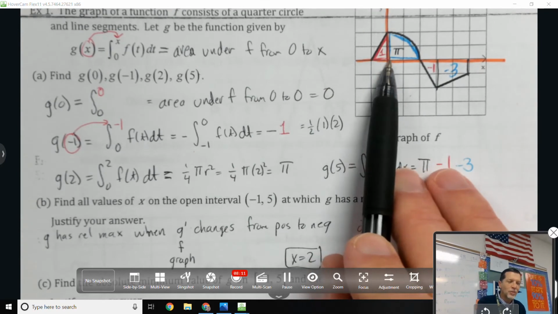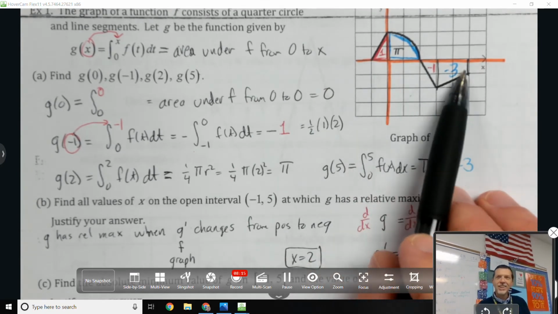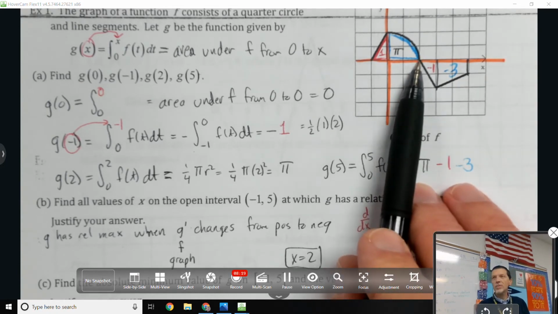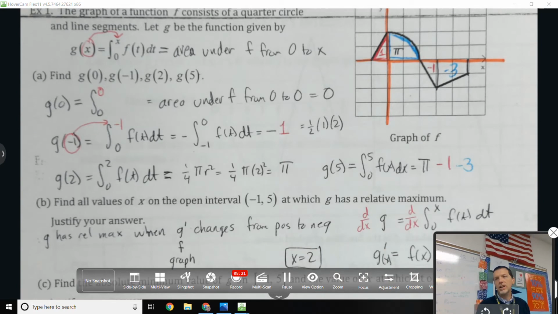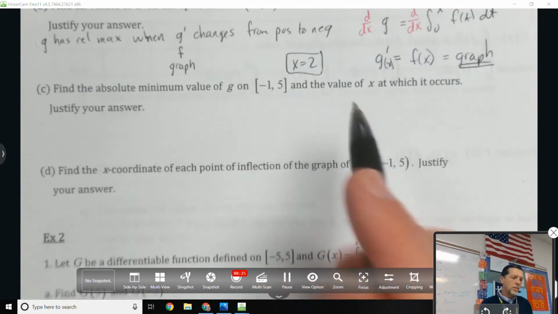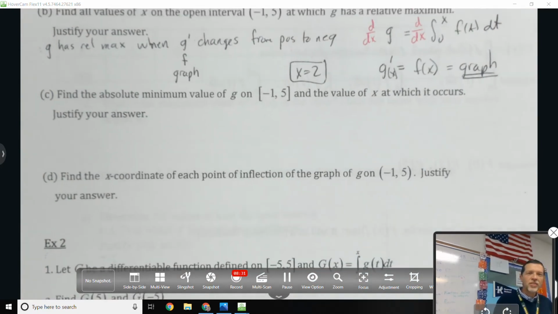So from 0 to 2, we're adding area. What happens after x equals 2? We start subtracting area. So that means at 2, there's a maximum area, because after that, we start subtracting it. So that's sort of the visual of what's going on. It helps if you understand both, but even if you only understand one way, that's fine.